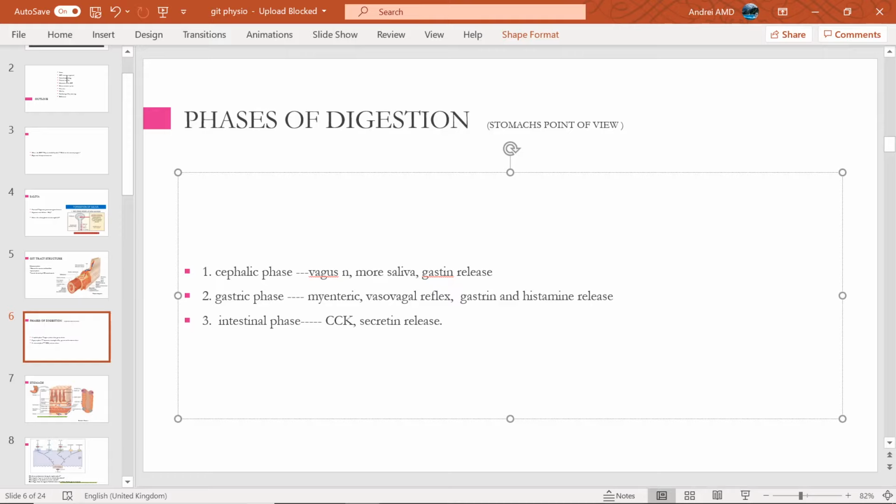Or this is the phase when you activate the system from the stomach below so that they're ready for the food that comes. So this slide just wanted to say that they like to say the cephalic phase, gastric phase, intestinal phase, if you have to separate it in phases when you talk about eating.